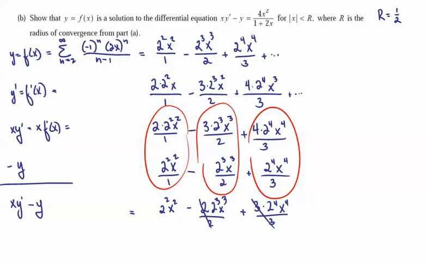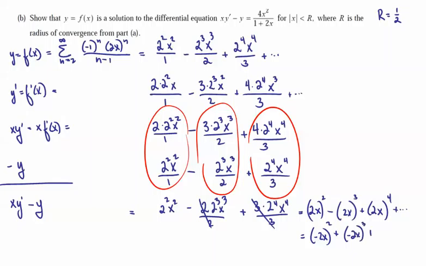Again, the 3's cancel, and what we're ending up with here is simply 2x squared minus 2x to the third plus 2x to the fourth, etc. If we wanted to take the negative into consideration, we could also write that as negative 2x squared plus negative 2x to the third plus negative 2x to the fourth.